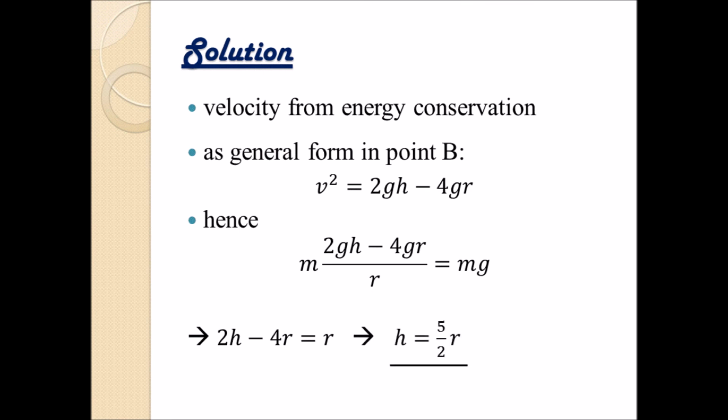This also means that the height h that we have to start with initially equals 5 divided by 2 times the radius. This means that if we are starting at a height of 2.5 times the radius, assuming there is no friction, we will get through the loop without losing contact.